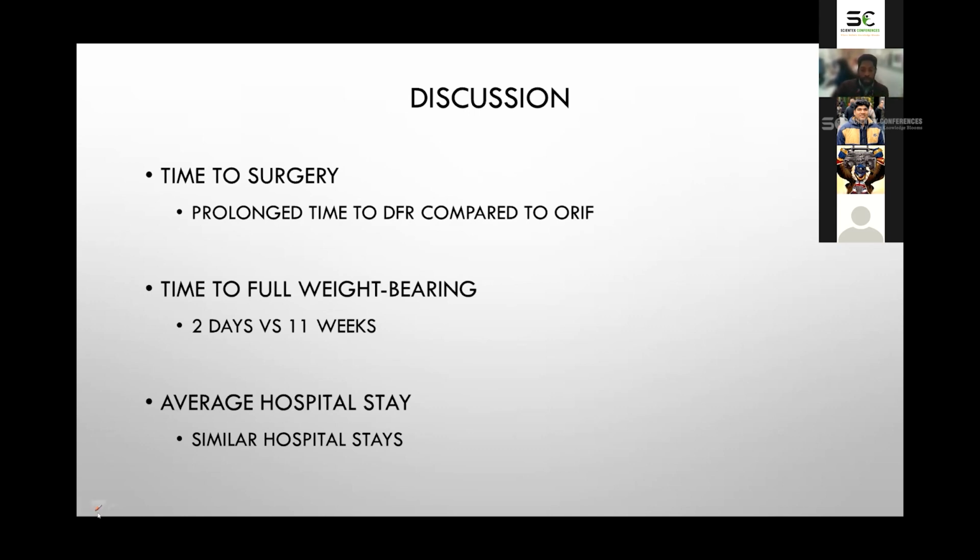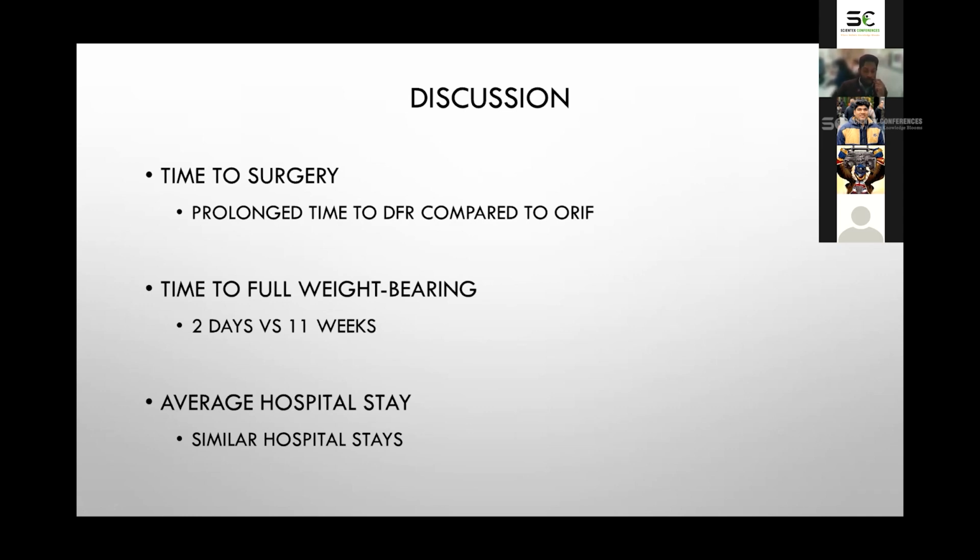We found that patients treated with a distal femoral replacement were weight bearing in under 2 days. However, there was an average of 11 weeks to full weight bearing for those treated with fixation.